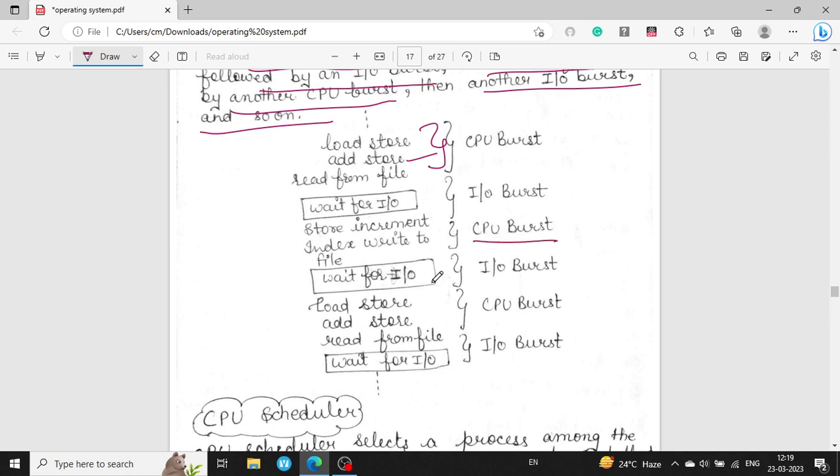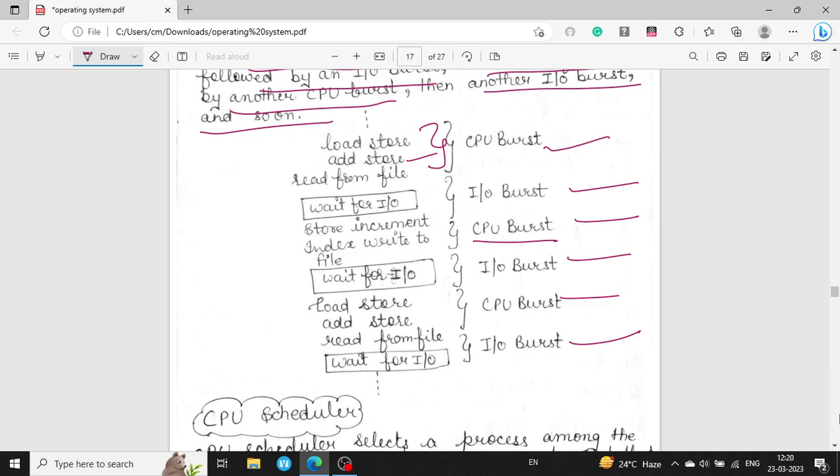Again wait for input output, that is the input output burst, and again load, store, add, store, read from file, this is the work of the CPU burst. Wait for input output, that is the work of the input output burst. You can see first CPU burst, then input output burst, then again CPU burst, then input output burst, CPU burst, input output burst. This is the cycle of bursts.